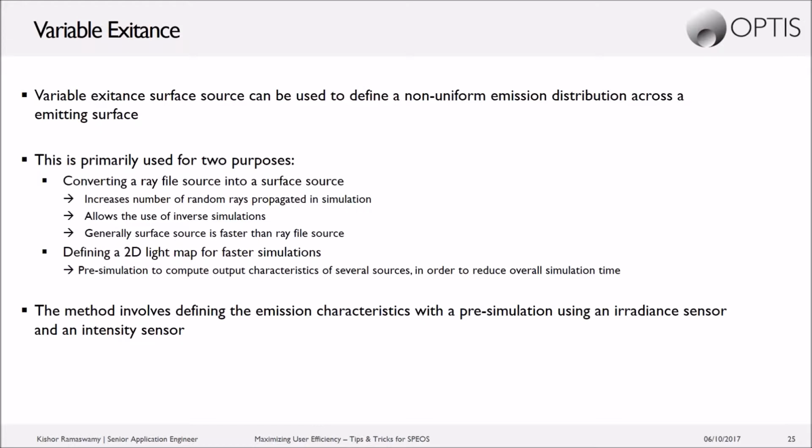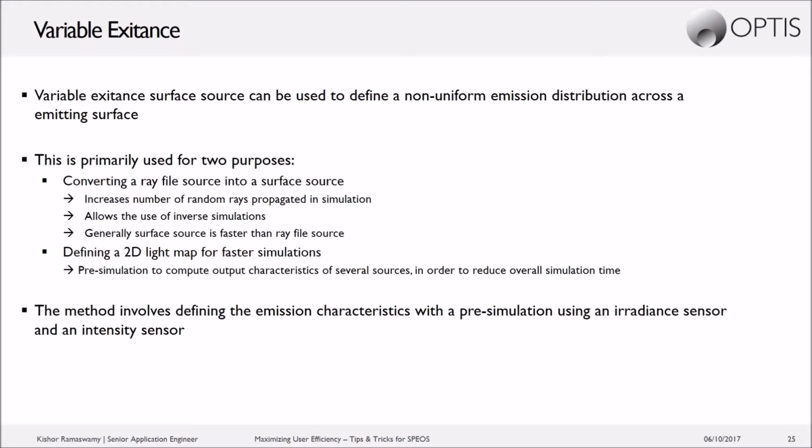Another case is if you want to use an inverse simulation. RAY files are not compatible with inverse simulations. And finally, just as a general rule, surface sources tend to be faster to simulate as opposed to RAY file sources. The other time this could be used is to create something that's called a 2D light map.